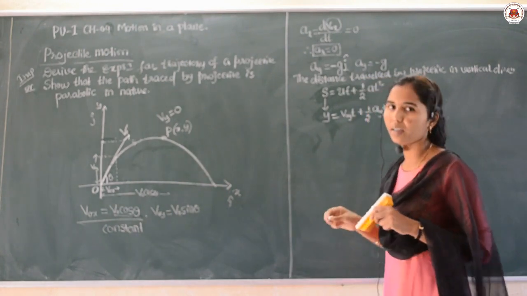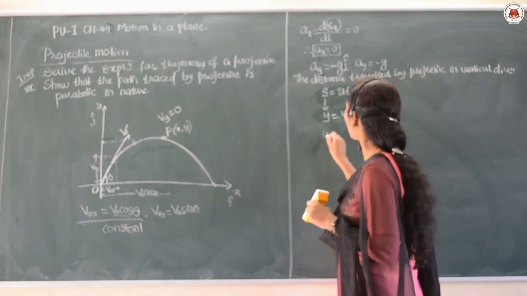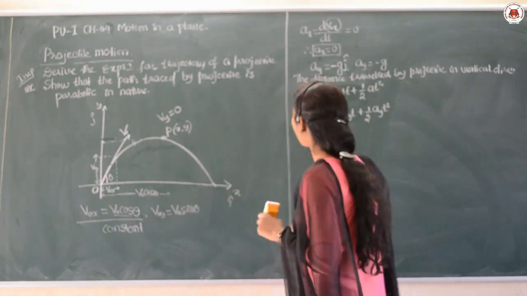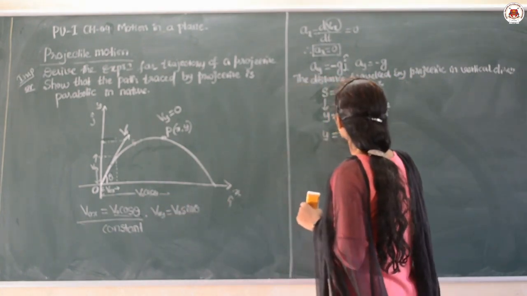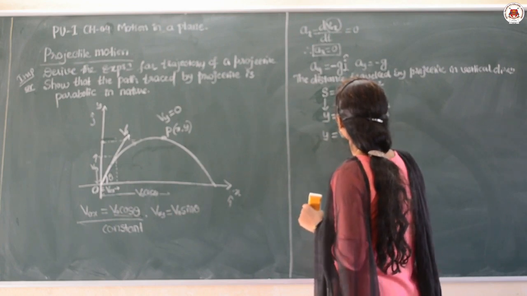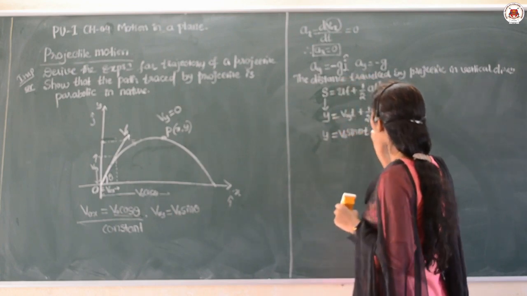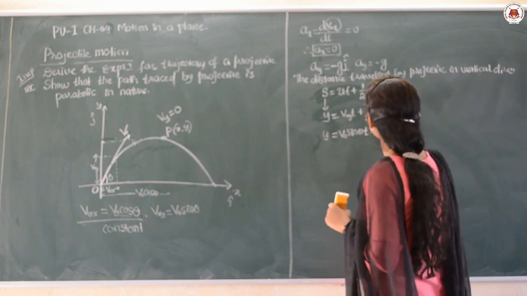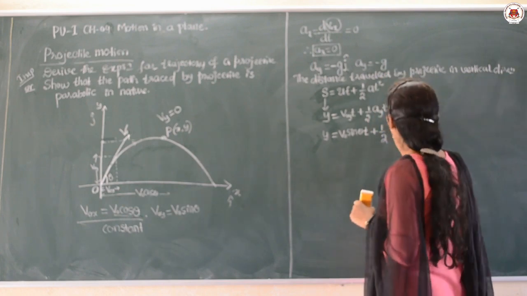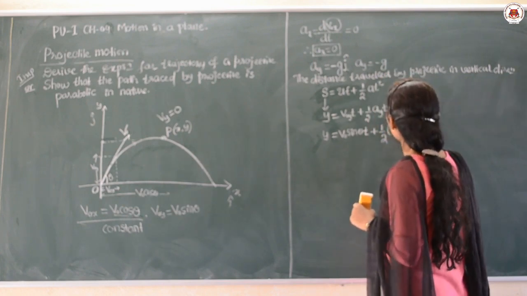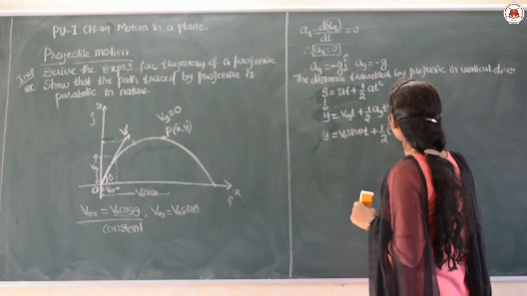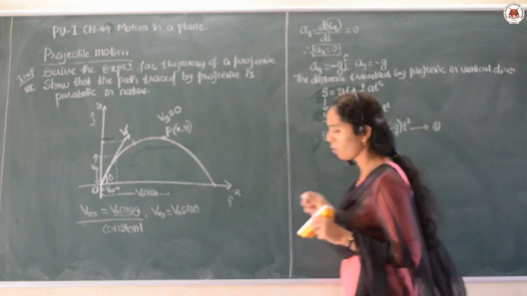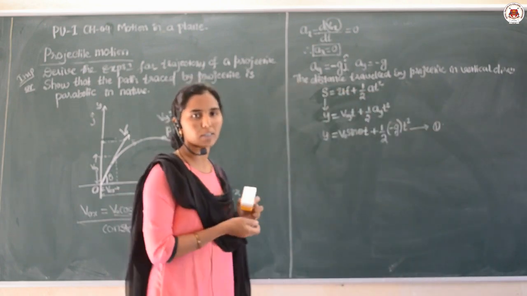Then y is equal to v naught y, which is the vertical component of the initial velocity, that is v naught sin theta into t, plus 1 by 2 ay, where I can substitute minus g, then t square as it is. Call this equation number 1. I hope this step is very clear to you dear students.